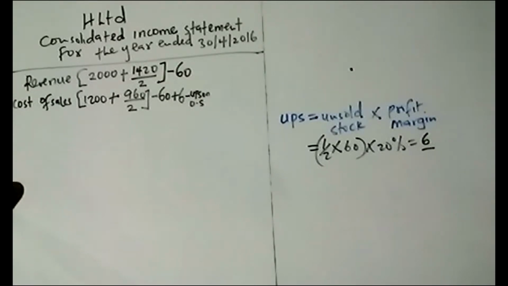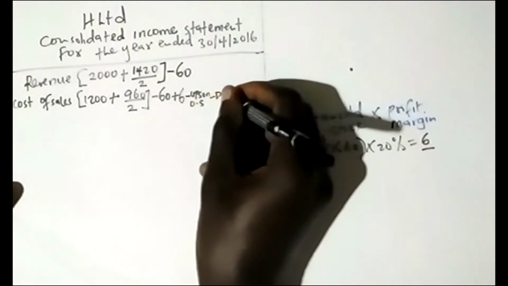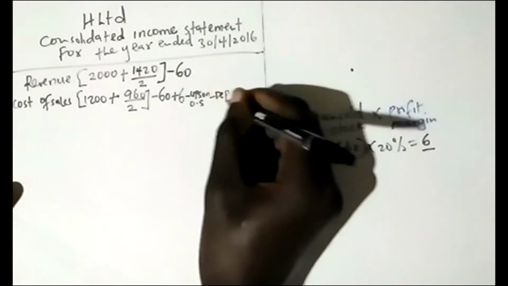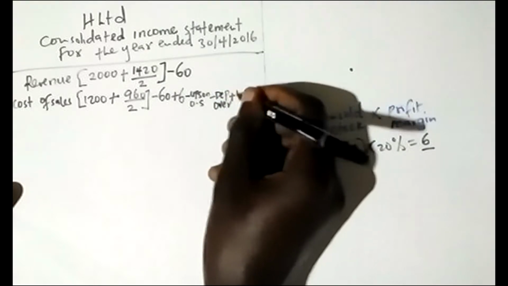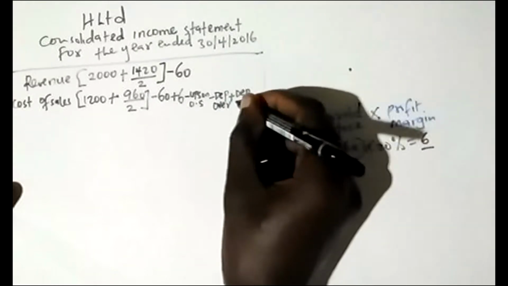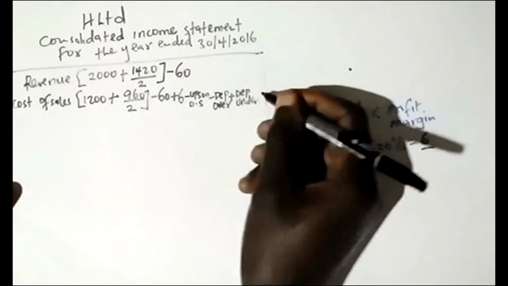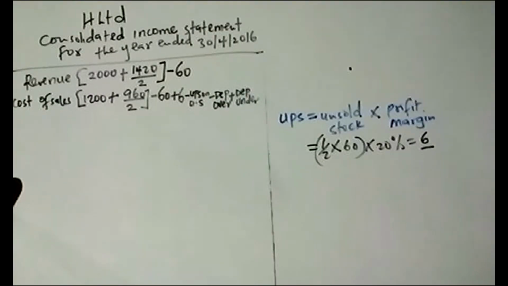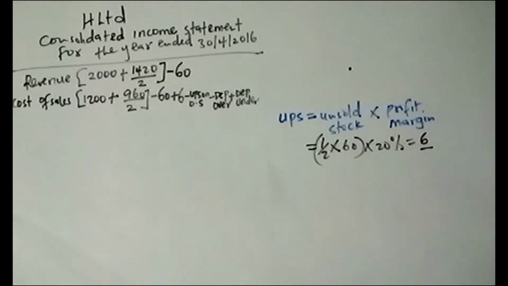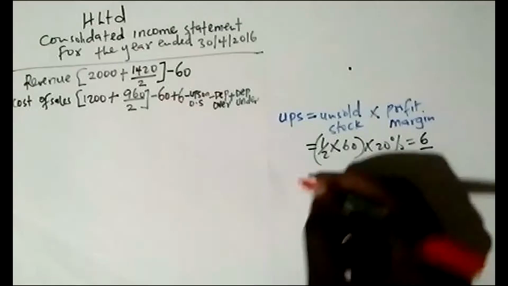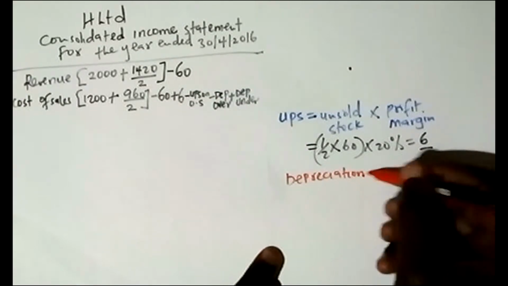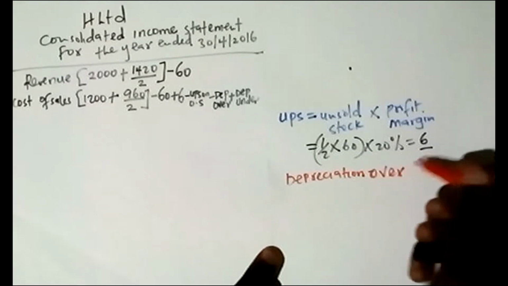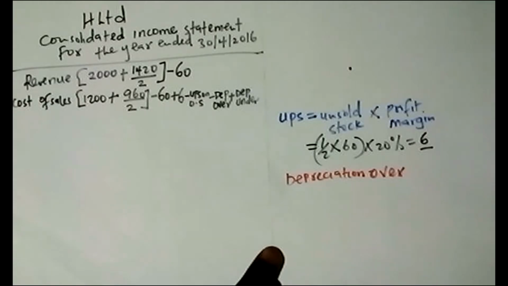Then again, I could have subtracted something concerning depreciation: depreciation overcharge. Then I add depreciation undercharge. When we talk about depreciation overcharge, in order to get it, there must be a sale of fixed assets.